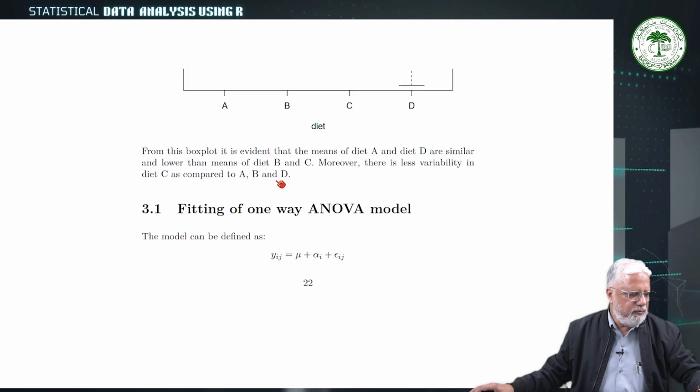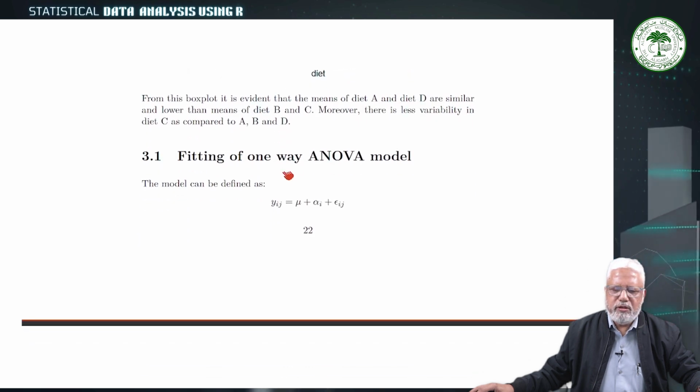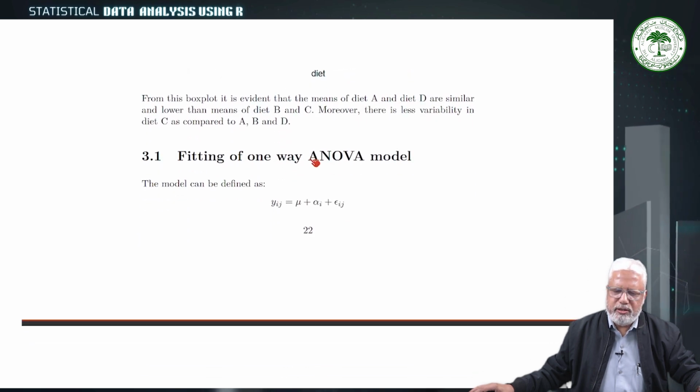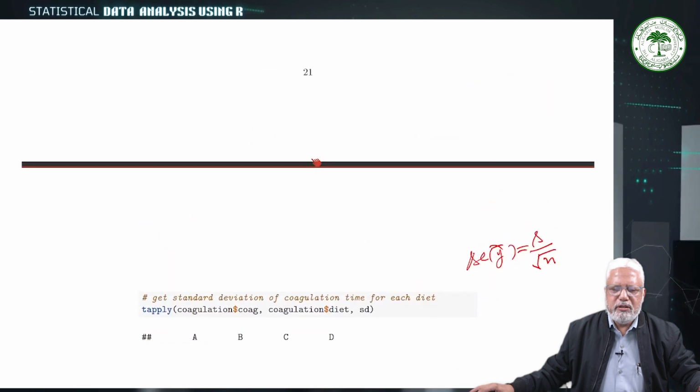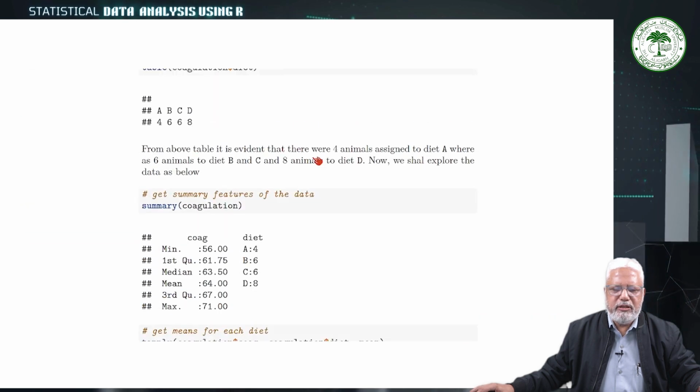Now, how can we fit a one-way ANOVA model for data of this kind?